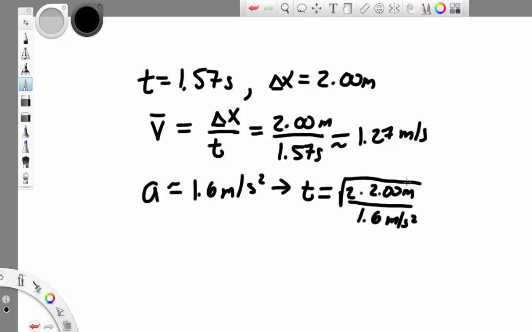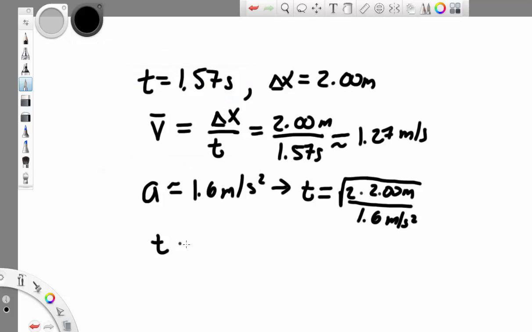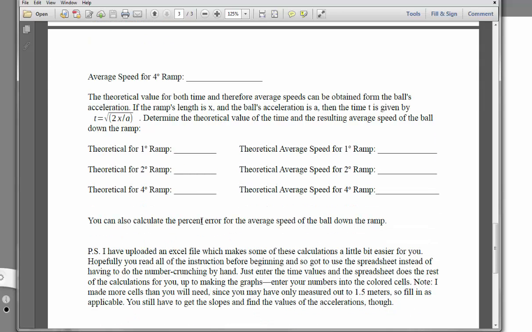So let's go ahead and stick that into our calculator. So 2 times 2 is 4 divided by 1.6 gives us 2.5, and now we take the square root of that and we get 1.58. So the theoretical time should be 1.58 seconds.